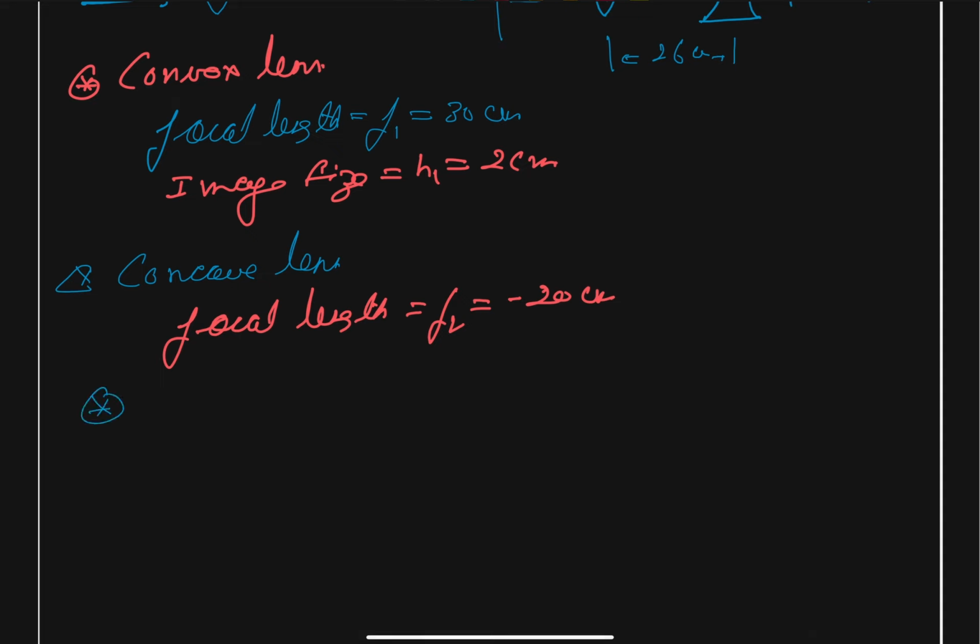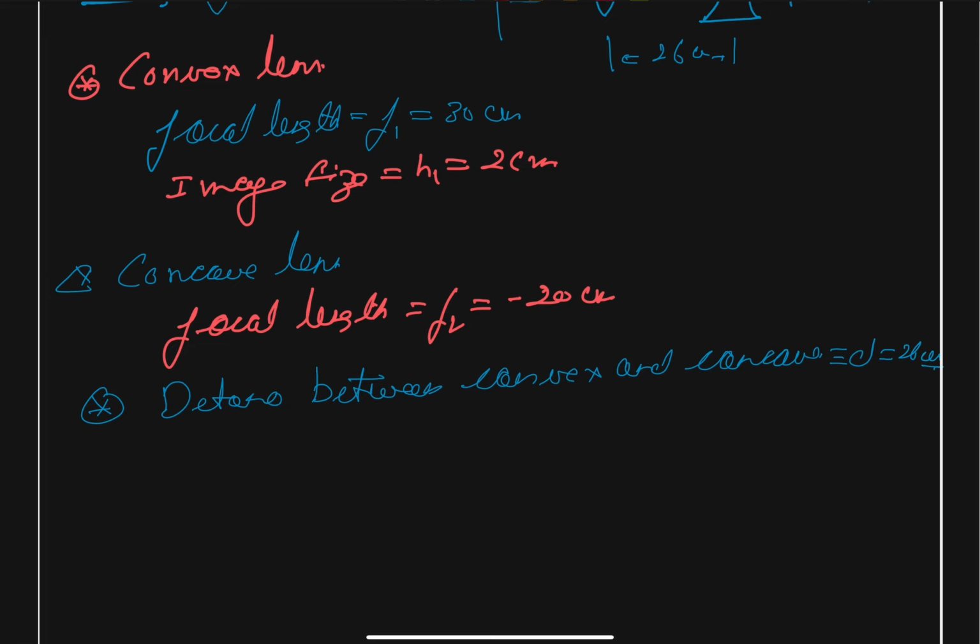We are given distance between concave and convex lens, convex and concave, let us suppose that is our D, which is given as 26 centimeters.